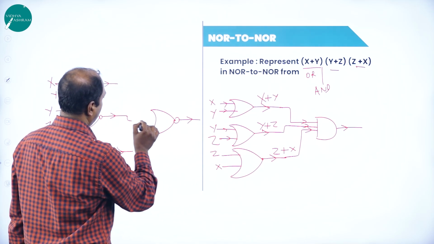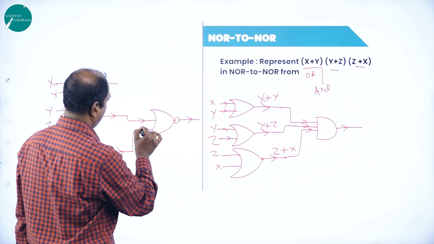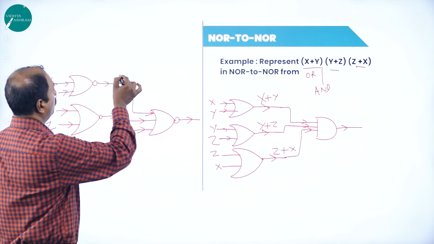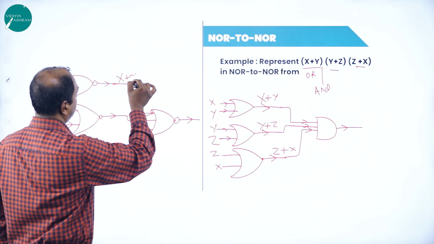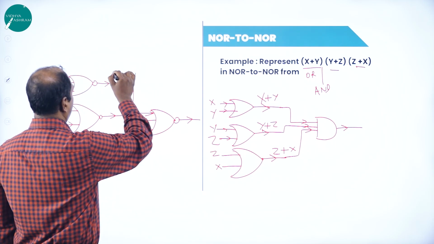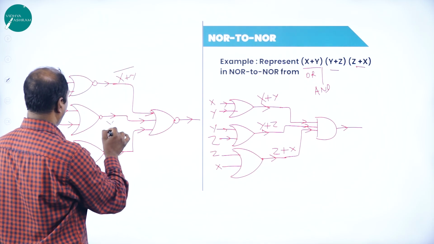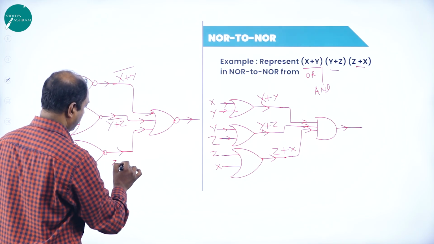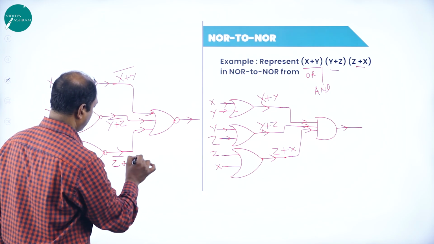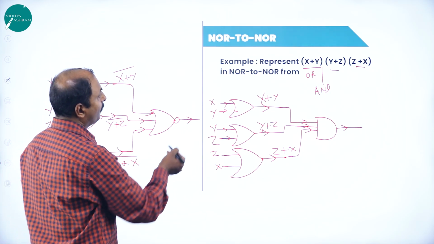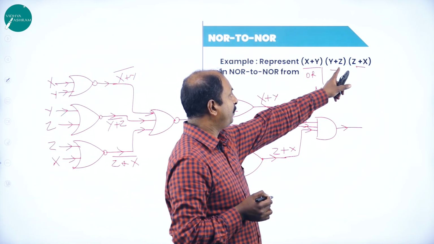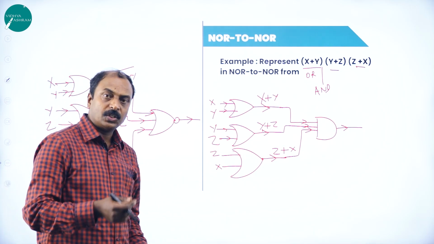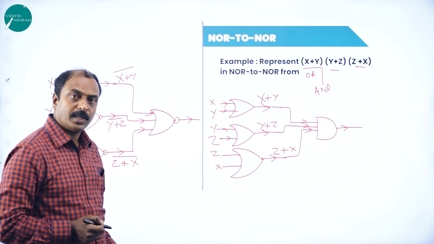Here the outputs are x plus y naught, y plus z naught, and z plus x naught, and the final result will be the given expression, x plus y, y plus z, and z plus x. So this is how we design a circuit by using NOR gate only. Thank you very much.